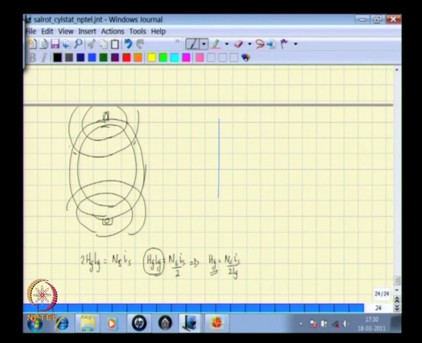Here flux lines, let us say, are travelling into the rotor, whereas here flux lines are travelling away from the rotor. So if you call one MMF as positive, the other MMF is obviously negative, because it is now causing flux to flow outside. This is causing flux to flow inside.